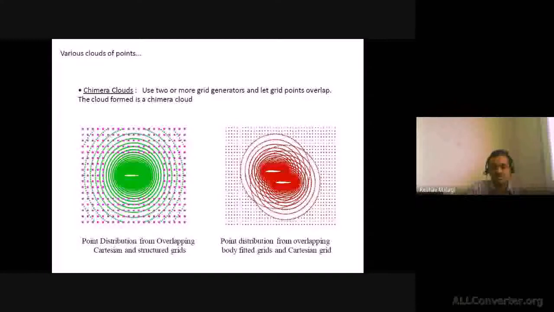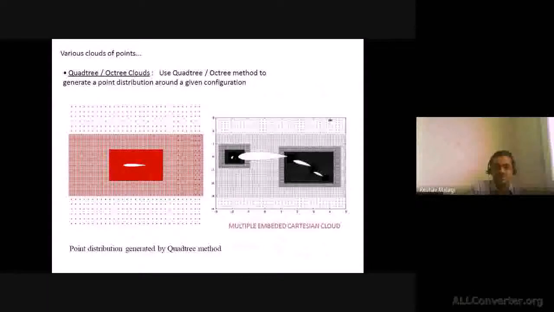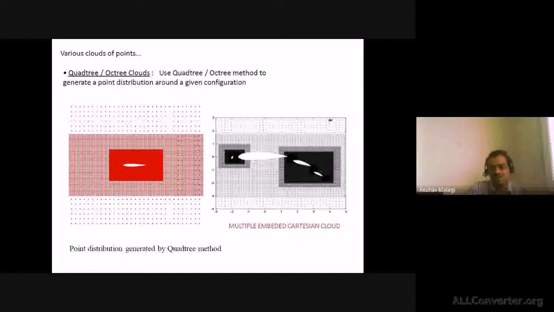Similarly, these are called chimera clouds where multiple grids are overlapped and you obtain a point cloud using that. You can also use the embedded Cartesian meshes, that is one inside the other, or various point cloud distributions using Cartesian. These are very fast to generate. These can be generated in a minute's time actually on even pretty complex configurations.